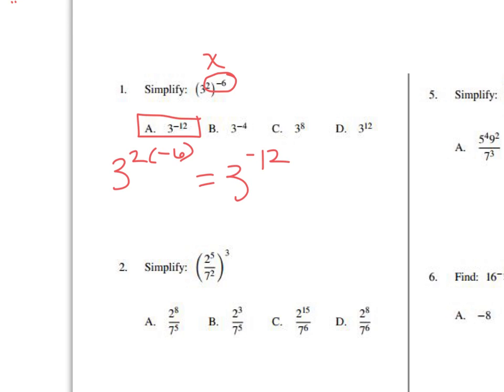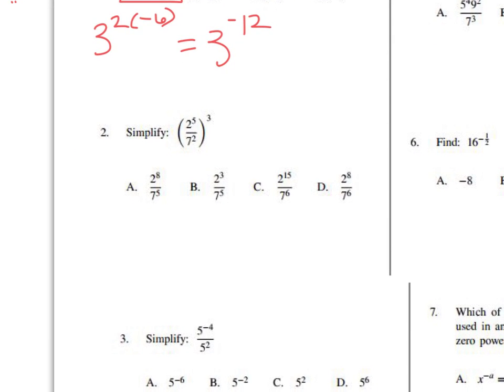All right. Number 2. If I have 2 to the 5th over 7 squared, raised to the 3rd power, both the numerator and the denominator are also going to get that exponent.